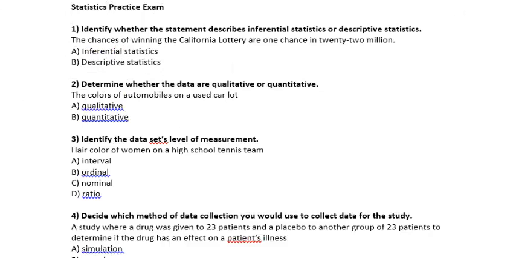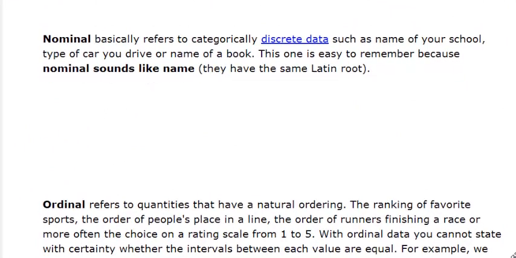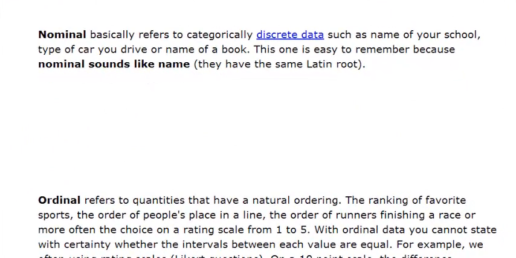Question number 3 asks you to identify a particular set's level of measurement. Now I'm going to show you a website over here that gives you the distinction between these types of statistics and what they mean. A nominal statistic refers to categorically discrete data. Something that simply establishes what the name of something is, or that identifies a characteristic of it.